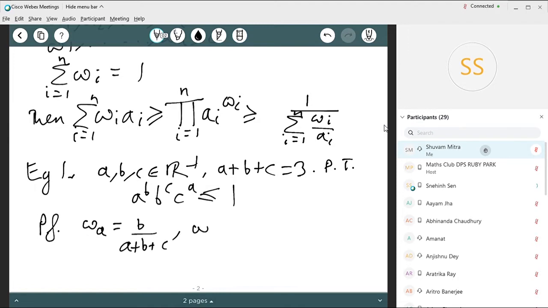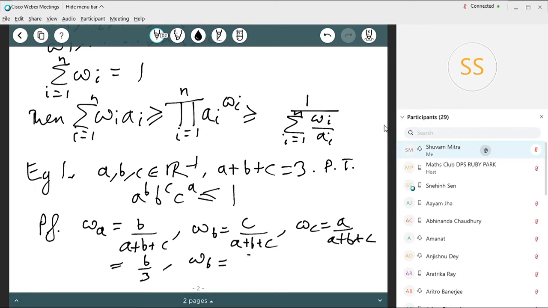W of B is equal to C by (A plus B plus C), and W of C is equal to A by (A plus B plus C). You can also write it, which is obvious because A plus B plus C is given, as W of A equal to B by 3, W of B equal to C by 3, and W of C equal to A by 3.